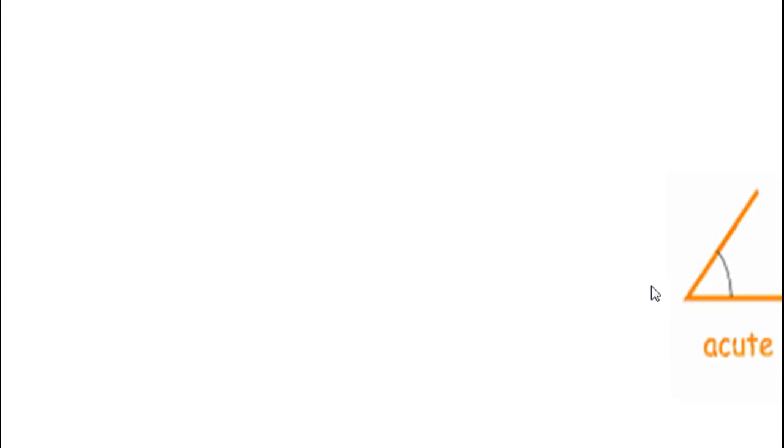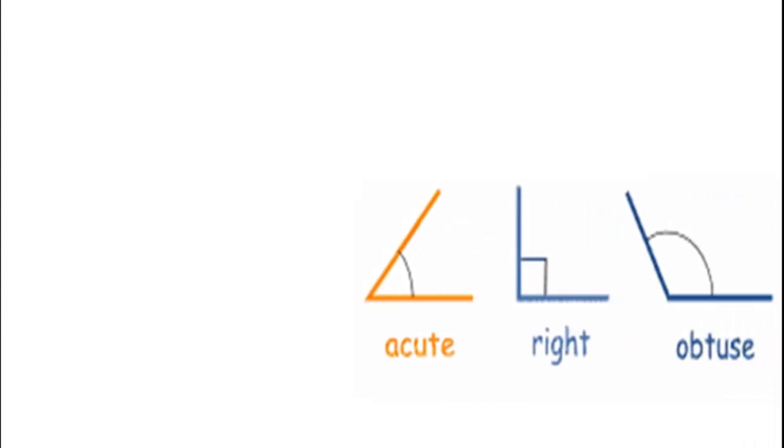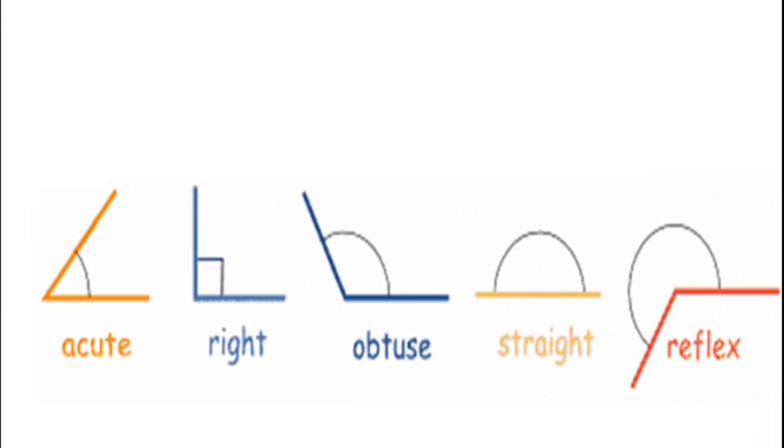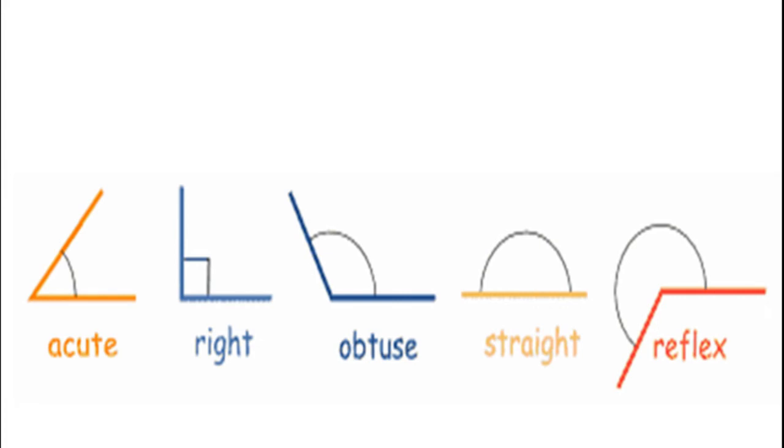So let's have a look at the shapes which are formed by these angles in a single go. First one, acute, which is less than 90. Next is 90 degree. So see, we are going from less than 90, then we reached 90, we get right angle. Then we moved beyond 90, greater than 90, so it is obtuse.